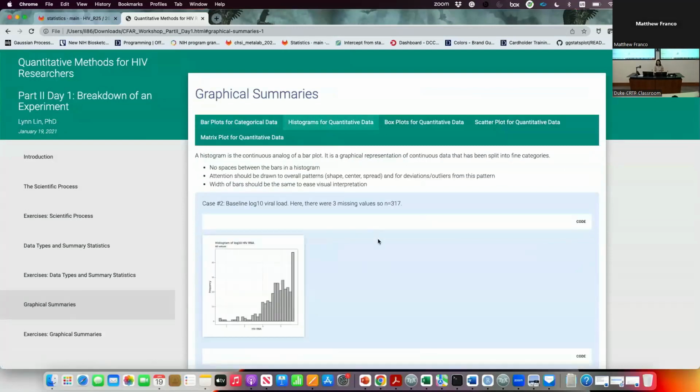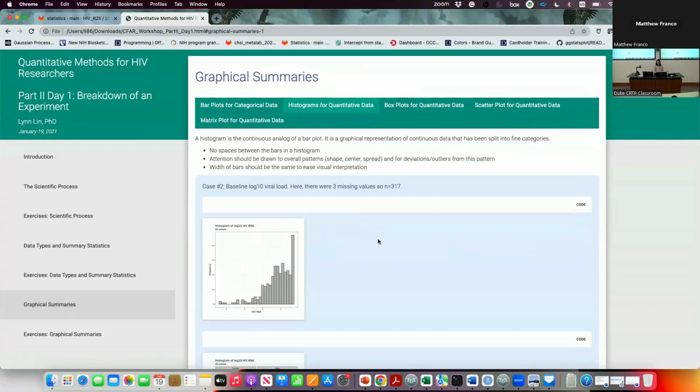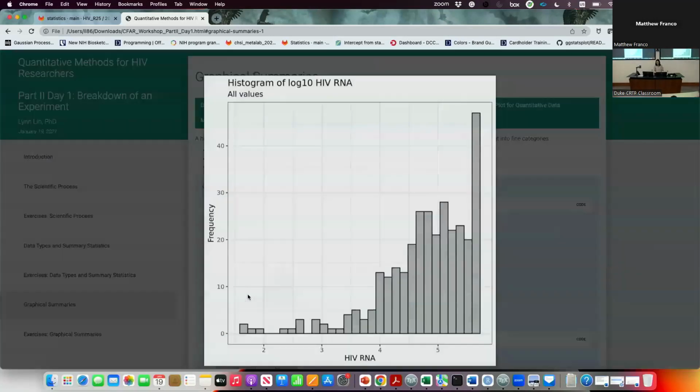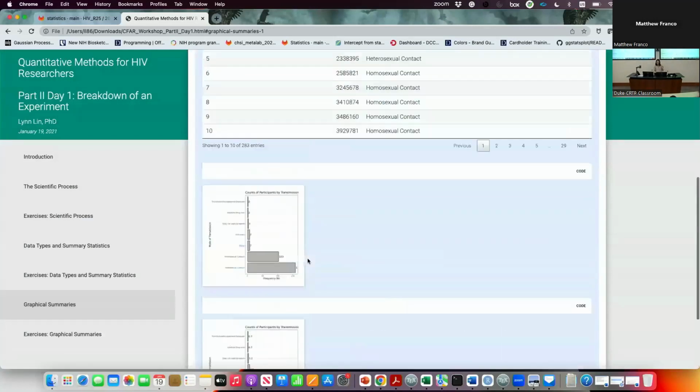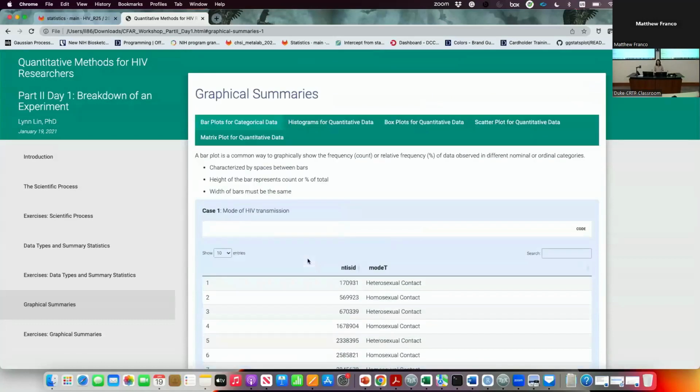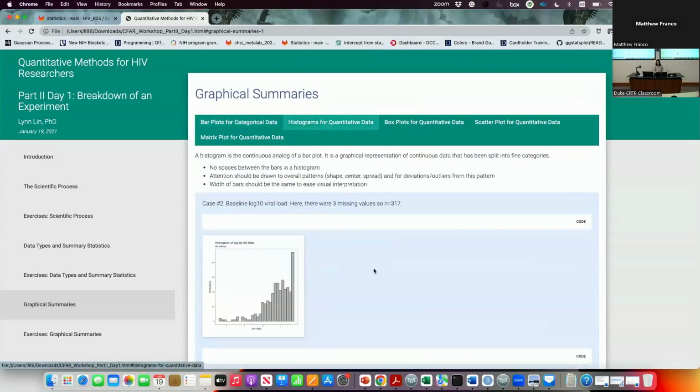The other is the histogram. As you can see here, this histogram is similar to the bar plot. The bar plot is designed specifically for categorical data, because those bars are determined by the levels. But the histogram is a similar graphical visualization, specifically for quantitative data.